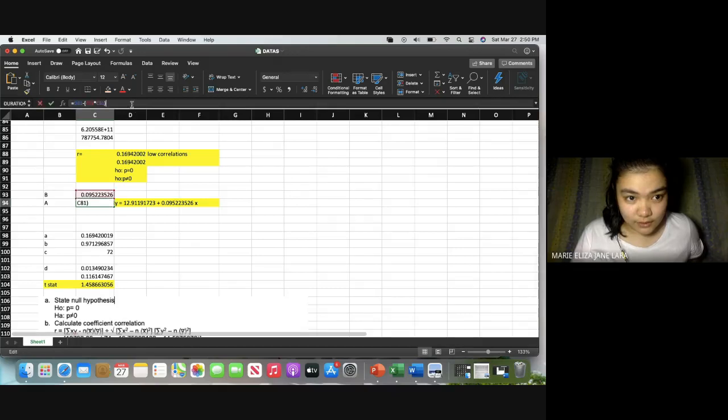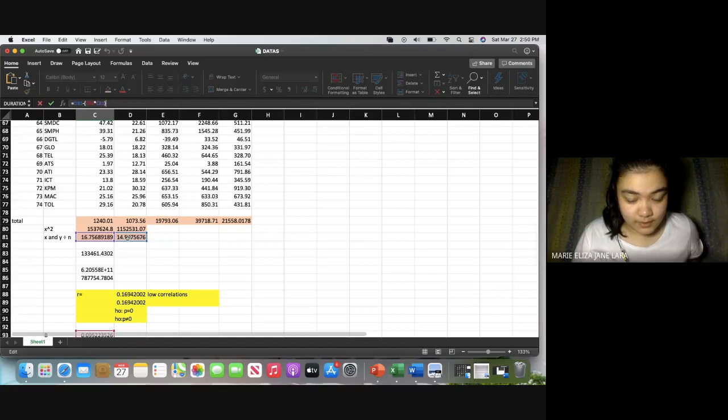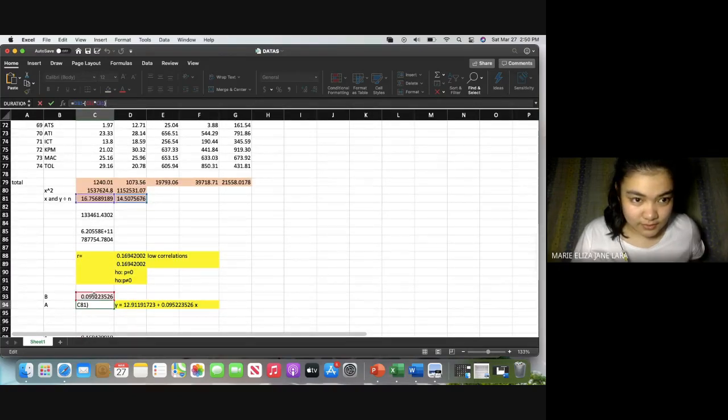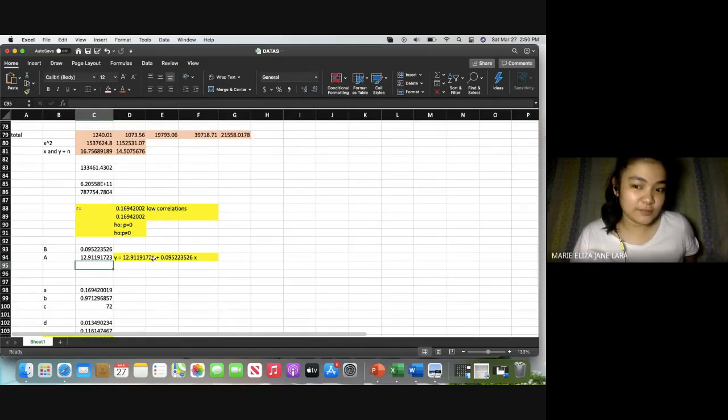And then for the value of a, we have D81, the sum of y divided by sample size, minus C93, the value of b, times the value when you divide the sum of x by the sample size. Then you've got a. So that's your regression model.